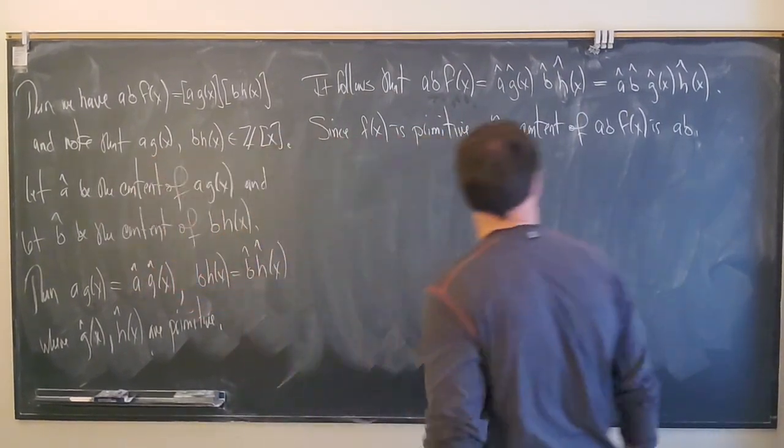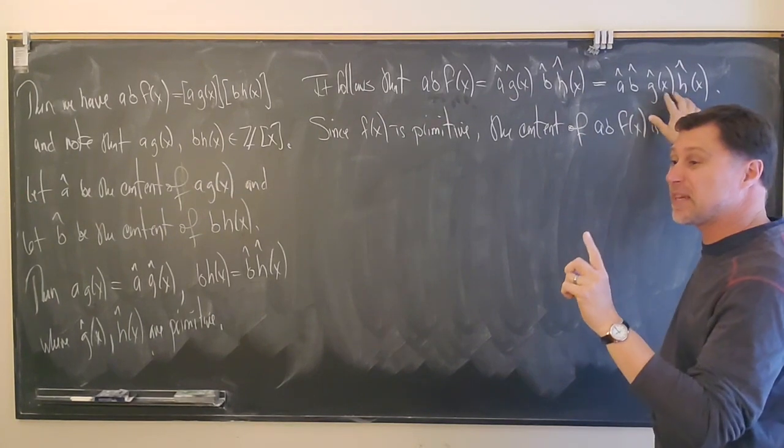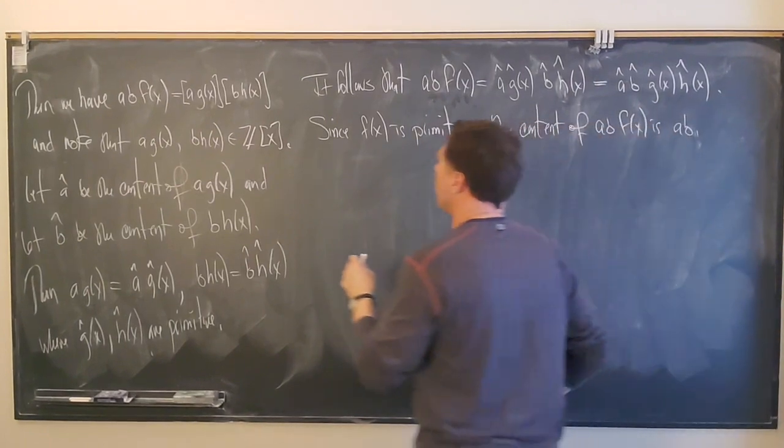Now also, since g hat of x times h hat of x is primitive, apply Gauss's lemma.